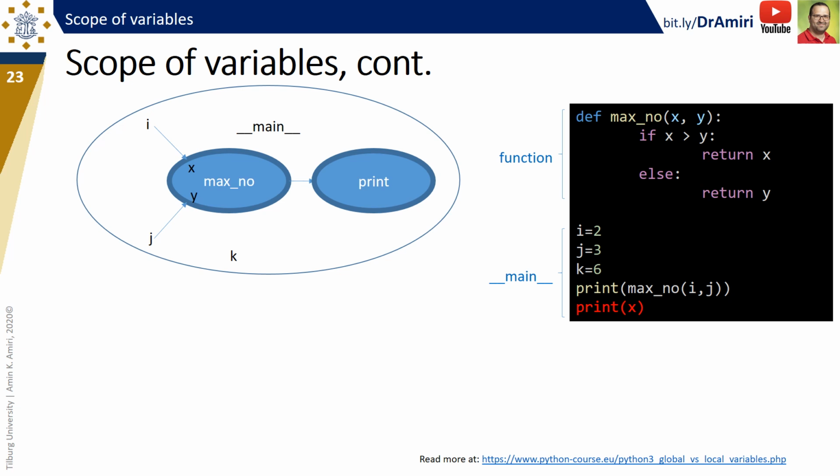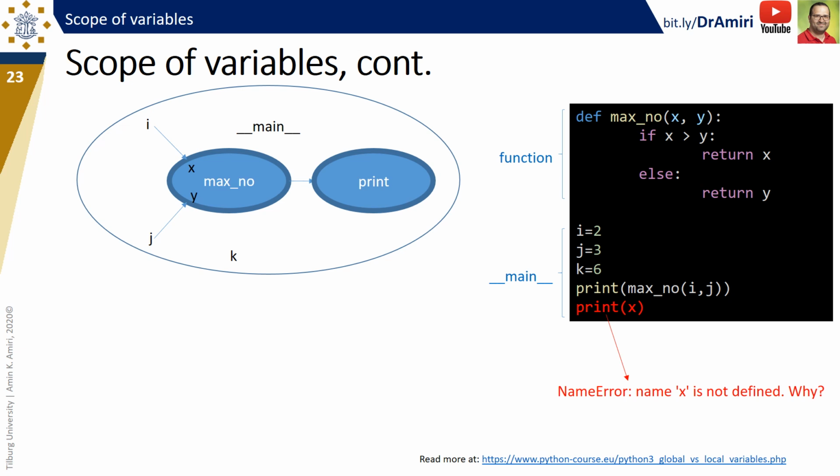It calls them x and y inside the function, and then k equals 6, but k is not used here in any way. The outcome of max number is given to another function called print, so that print can do whatever it needs to do with that. We already learned that in the previous slides.